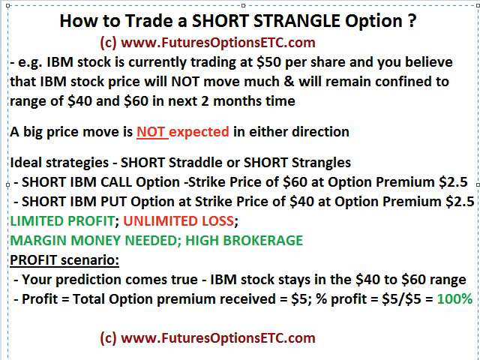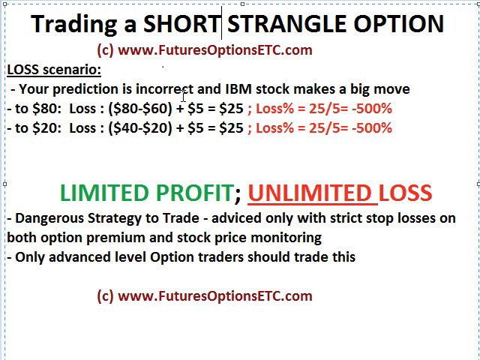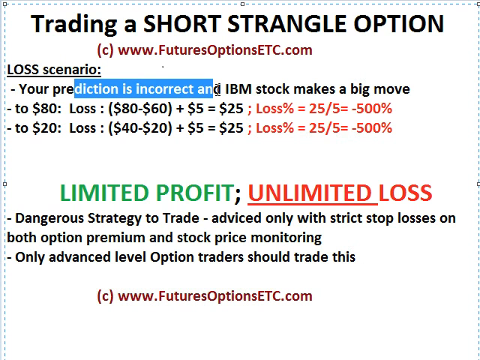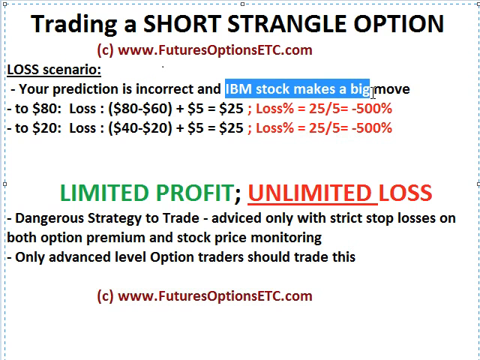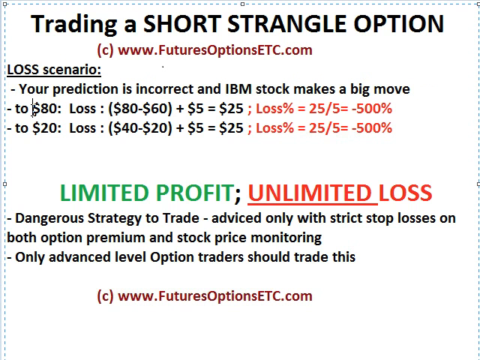But on the risk side, it gets really dangerous. In case of a loss scenario, that is your prediction is incorrect and IBM stock price makes a big move, suppose it moves to $80 on the upside, then the short call option will get exercised and you will have to pay the difference with respect to the strike price of $60.